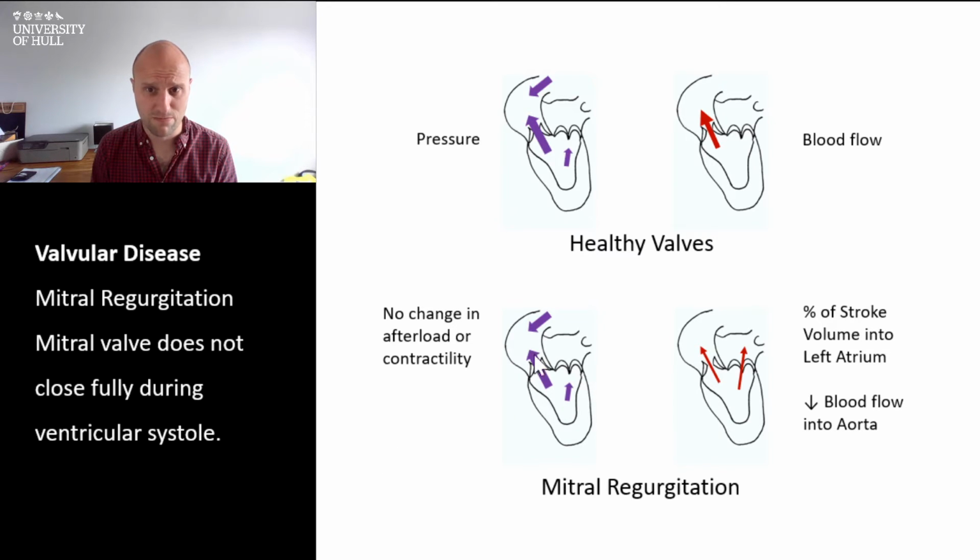Whilst the forces are the same, so you're still getting some afterload come back, you're getting the same amount of force generated by the myocardium during contraction. However, not only does the aortic valve open when there's enough force, but the mitral valve, because it doesn't close properly, opens as well. So a percentage of your stroke volume is going back into the left atrium. And so we have a decrease in our stroke volume that's entering the systemic circulation.